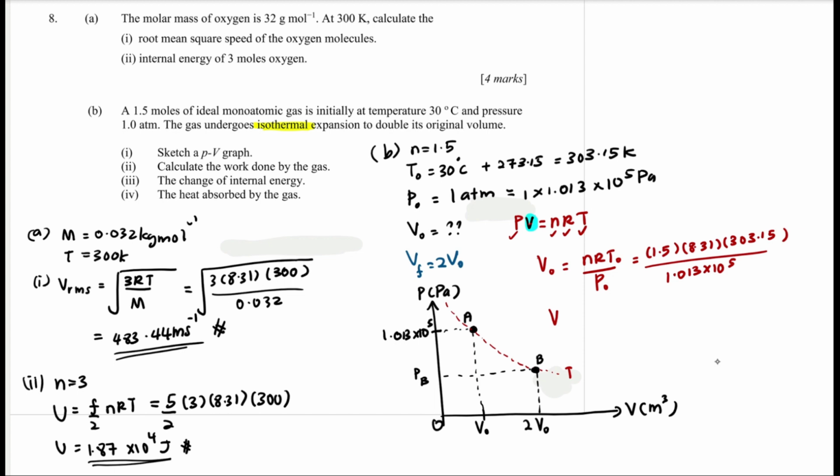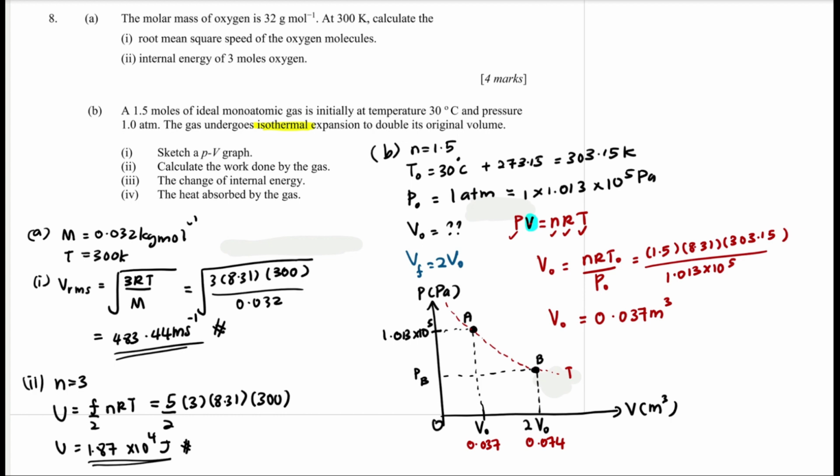Therefore, V0, or V at point A, you will get V0 is 0.037 meter cube. So 2V0 will be 0.037 times 2. So somewhere here 0.074 and here 0.037.